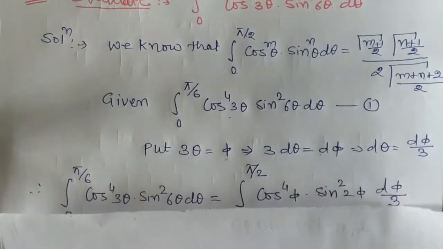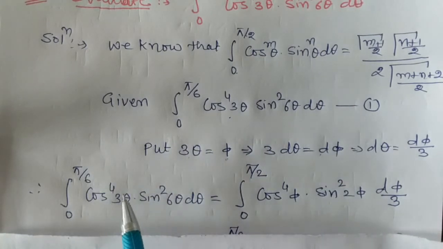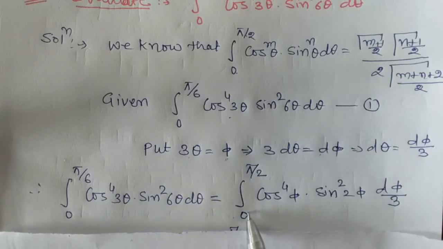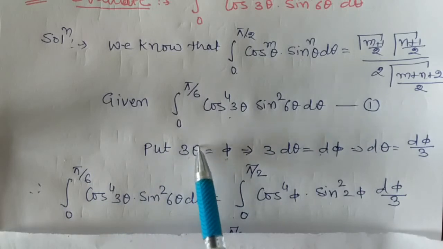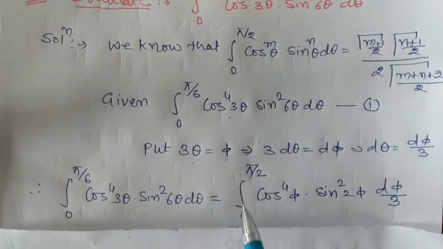The lower limit of theta 0 gives the lower limit of phi is 0, and the upper limit of theta pi by 6, we put here pi by 6, then 3 into pi by 6 is pi by 2. So upper limit of phi is pi by 2. So limit of integration becomes 0 to pi by 2 as we require.